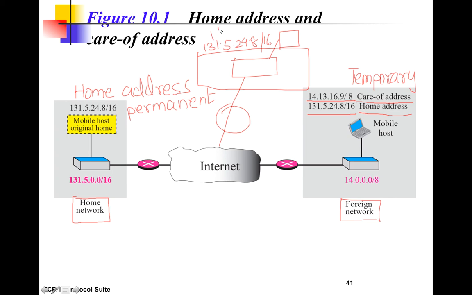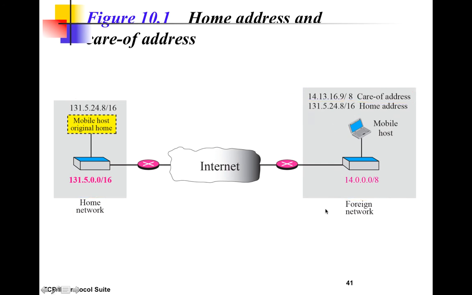The home address will still be the same. So this is an important concept you have to understand. The home address is a permanent address assigned to the mobile by the home network. The care of address is a temporary address assigned to the mobile when it is in the foreign network.